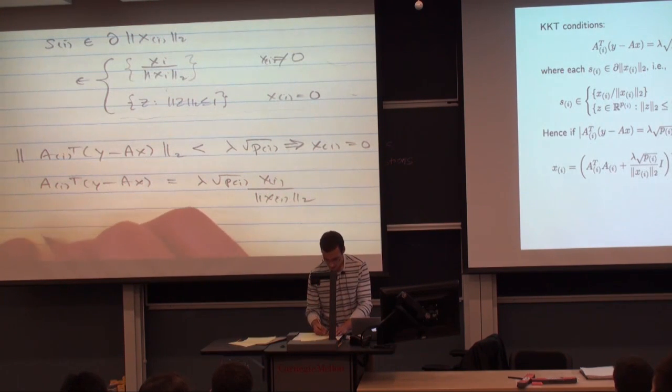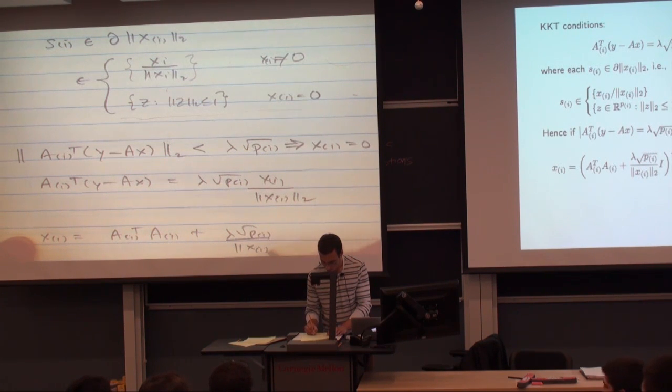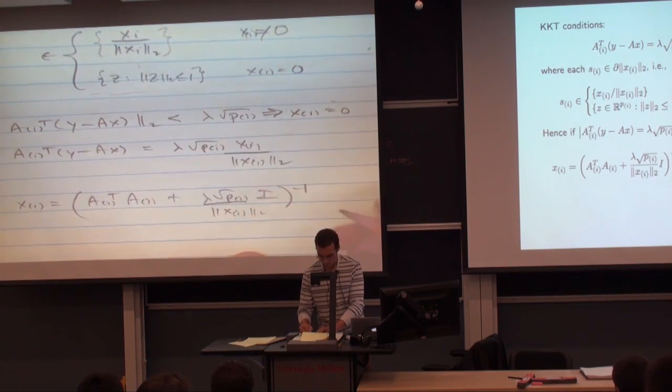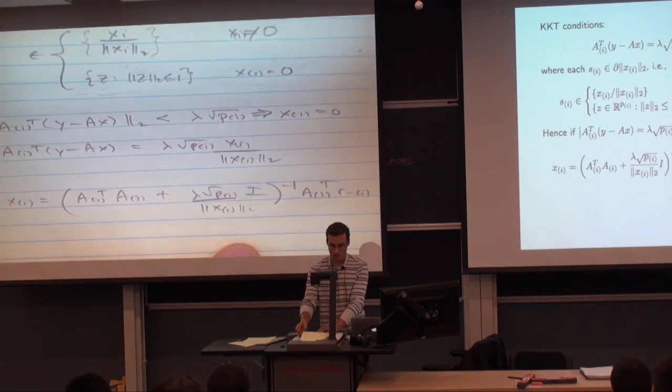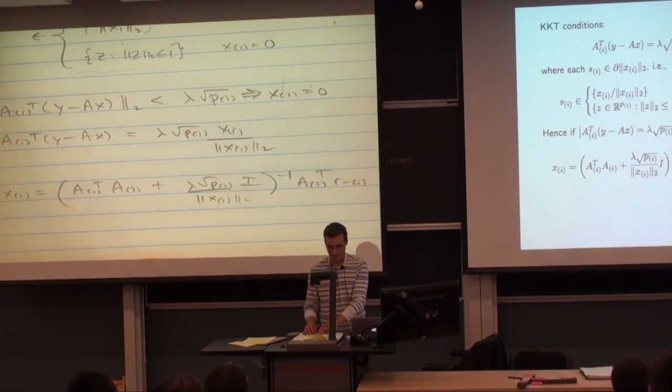And it tells me that xi is equal to (Ai transpose Ai plus lambda root pi over its norm times identity matrix) inverse times Ai transpose the partial residual. So the residual when I fit every block of variables except xi, and that's defined on the slide up there.